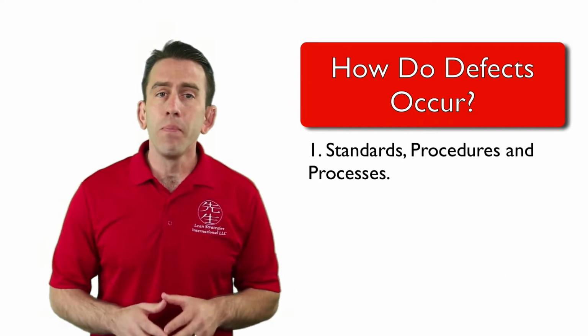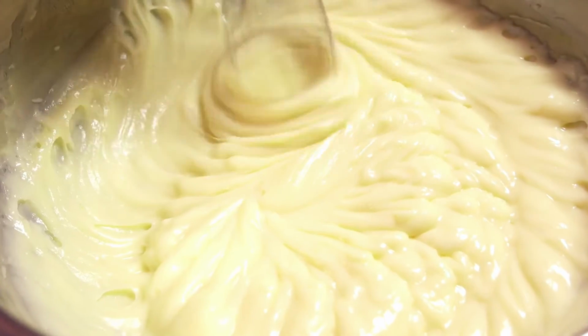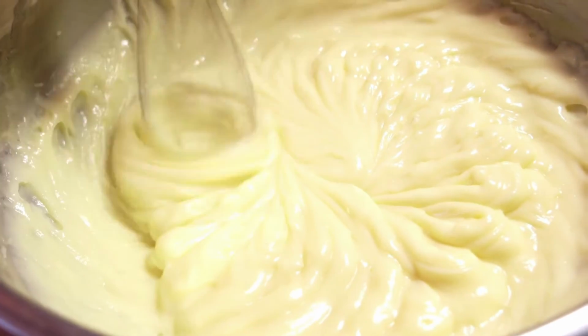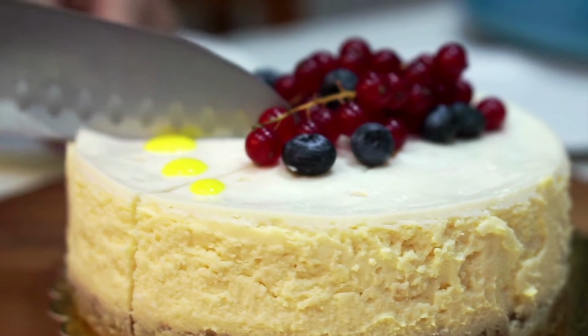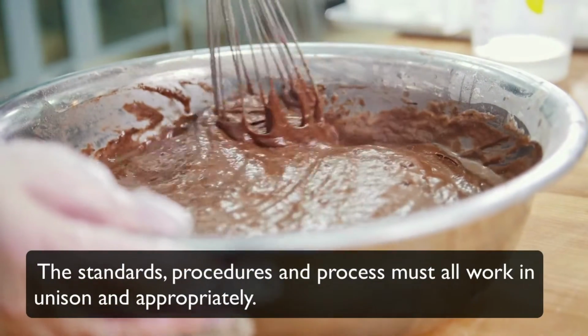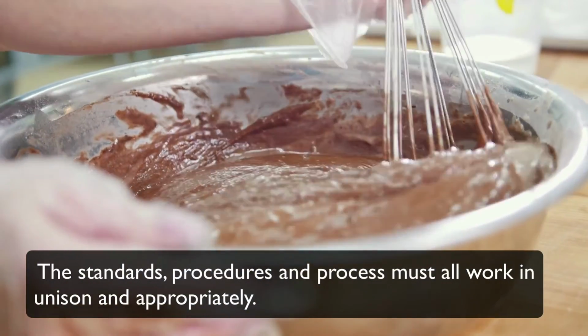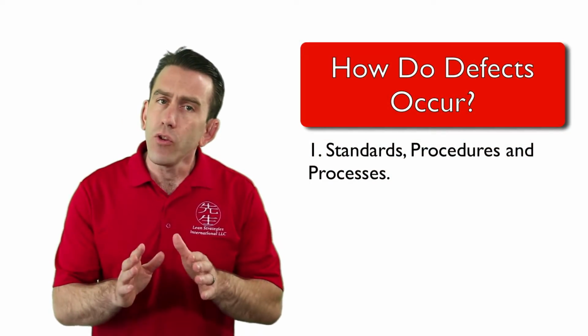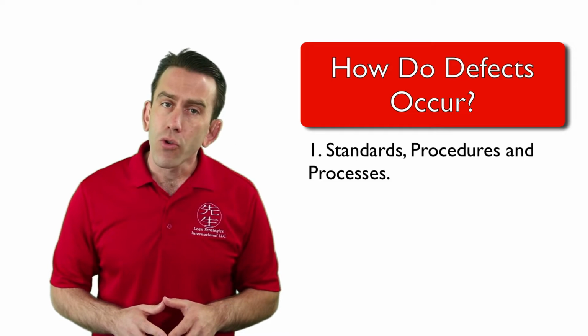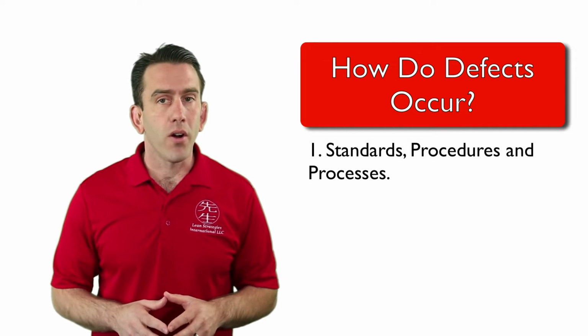Here's an example. If you're producing a batch of cakes and the process has the wrong ingredients tied to it, every cake will be wrong. The standards, procedures, and processes must all work in unison and appropriately. If they do not, you can be sure a defect will occur.